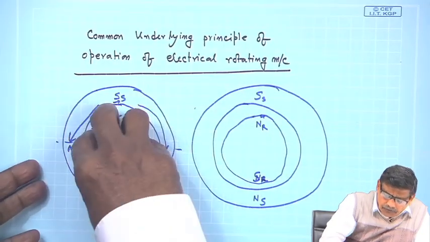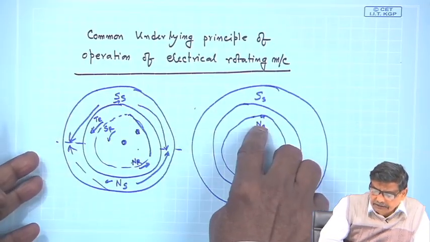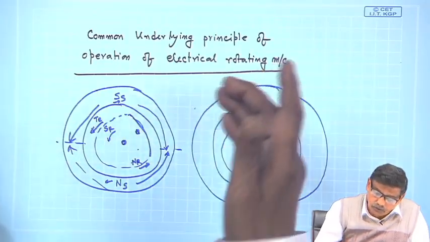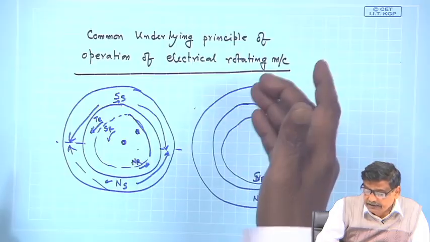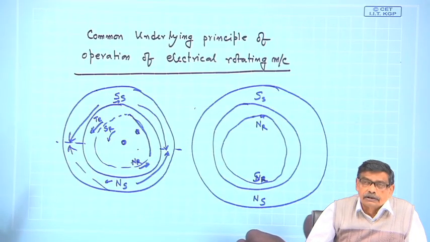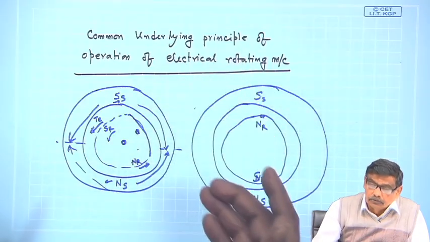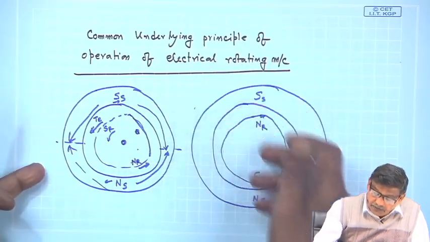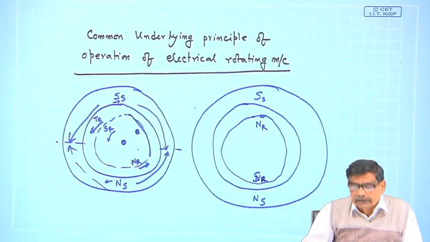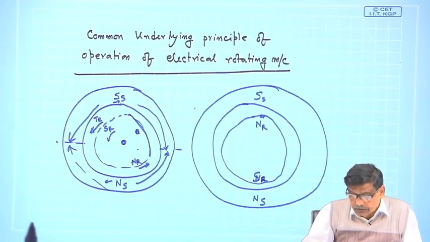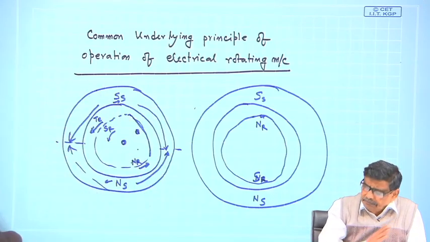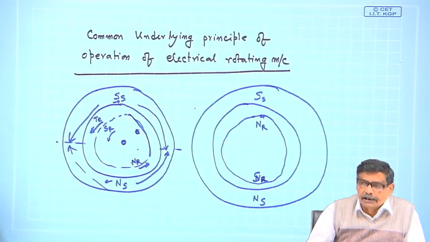It will just move, it will come in this position, in spite of the fact there is stator field, there is rotor field, both of the windings are carrying current, but no torque can exist now. No torque means no tangential force exists now. Therefore, one condition is that if the stator and rotor poles are aligned along the same line, no electromagnetic torque will be produced.